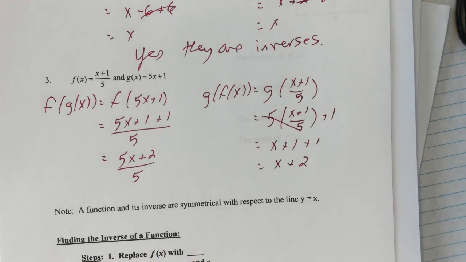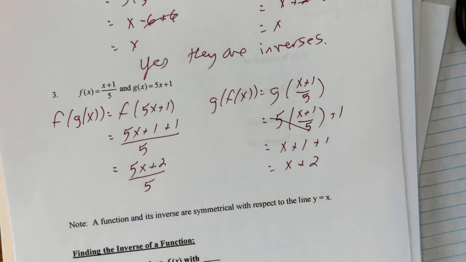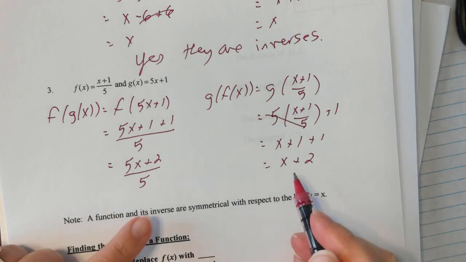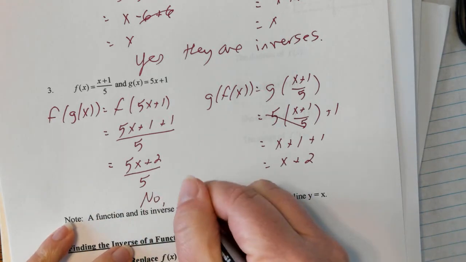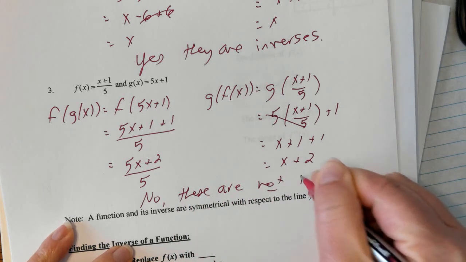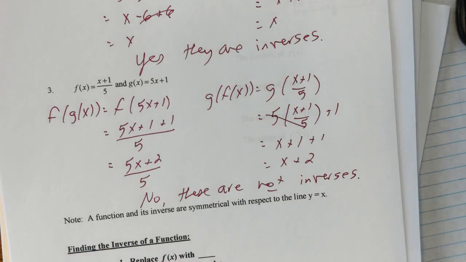So we got a problem. They did not simplify to be x, but they also didn't simplify to be equal to each other. In order to be inverses, they both had to simplify down to be x. So no, these are not inverses. They did not have their composition functions work down to be x.